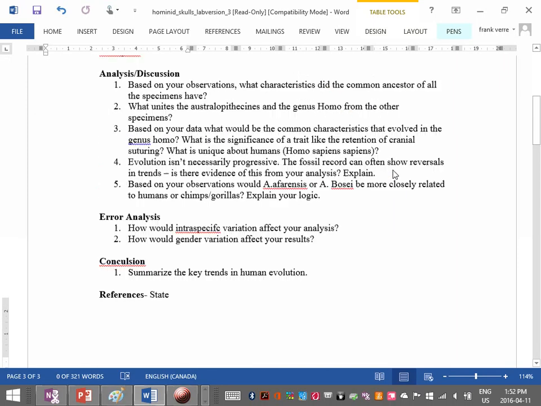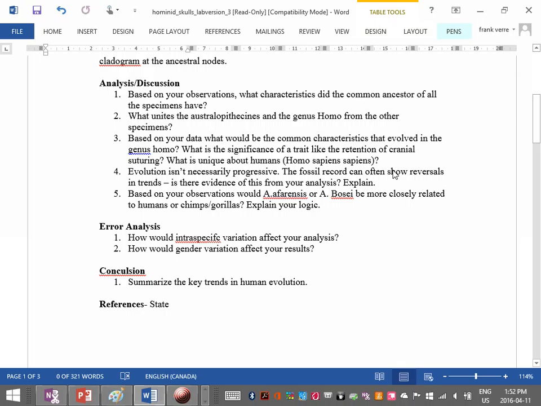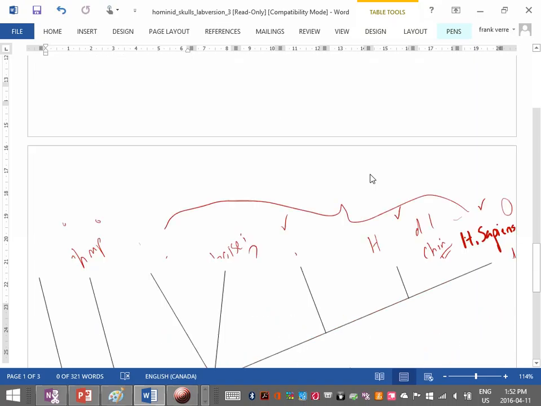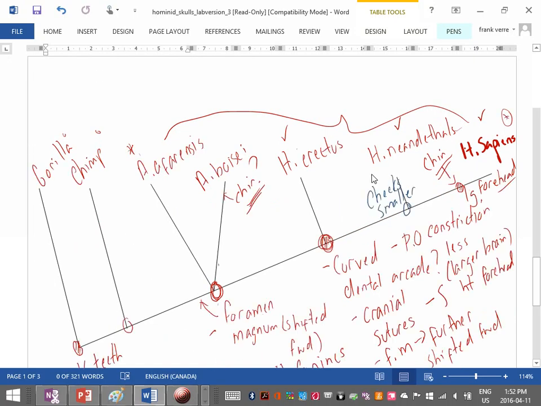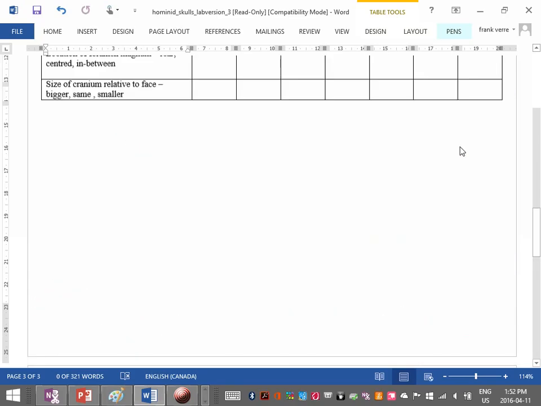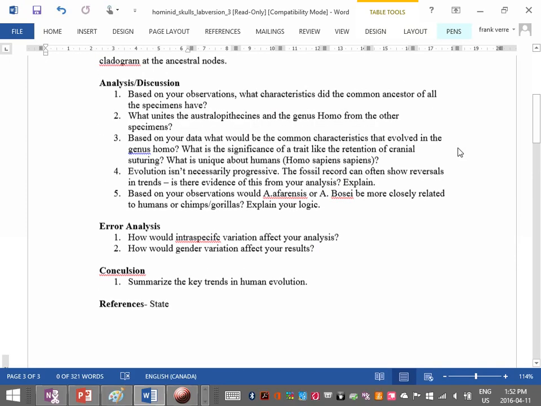Second question. What unites the Australopithecus and the genus Homo from the other specimens? So according to this tree, what distinguishes Afarensis all the way to Homo sapiens from the chimps and gorillas? The shifting forward of the foramen magnum and smaller canines. Very good. Okay? That's number 2.